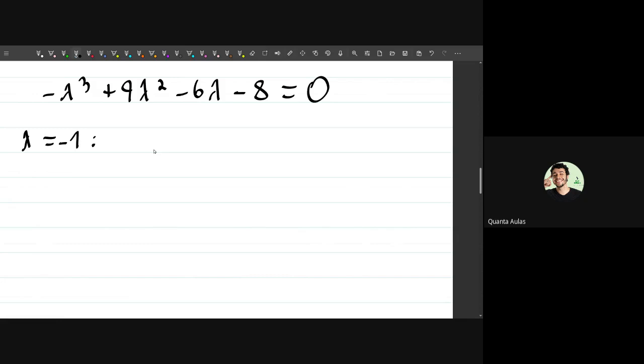This is the eigenvalue if our sum has a result of 0, right? So let's try this value. 1 plus 9 plus 6 minus 8. So this is different from 0. So we need to try other values until we get our 0, right?